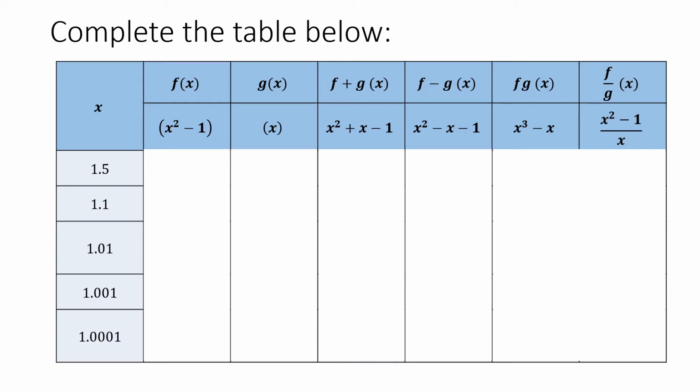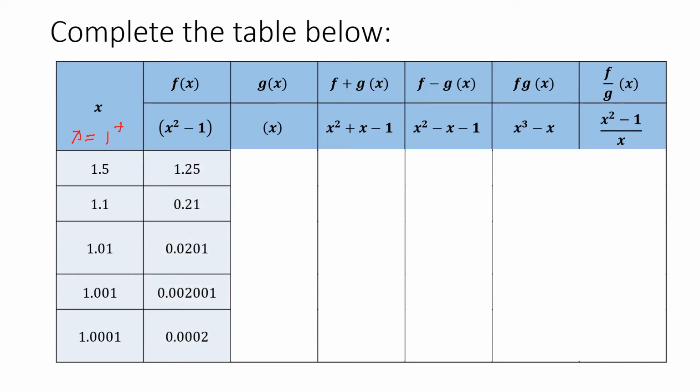As you can see, we're trying to go closer and closer to a certain value, and that value is 1. This is all from the right of 1 because these are values bigger than 1. As I do that, these are the values that I get for x squared minus 1. Where do you think these values are going? As x approaches 1 from the right, where does the function f of x go?